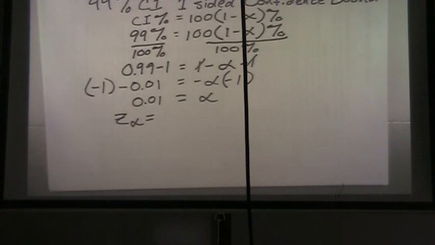So what is my Z alpha equal to? Well, let's take a look here. We know that if it was two-sided, it would be 2.58. But we are looking for 0.01 as our probability.